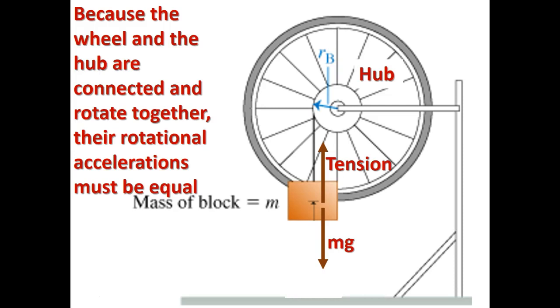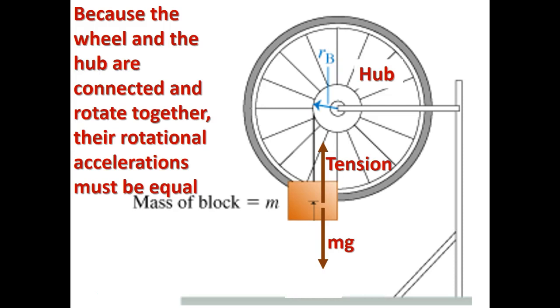The string is wrapped around the hub, so when the string is pulled, it's going to provide a torque on the hub. And that torque is going to cause the wheel to have a rotational acceleration, and that rotational acceleration can be converted to a linear acceleration.